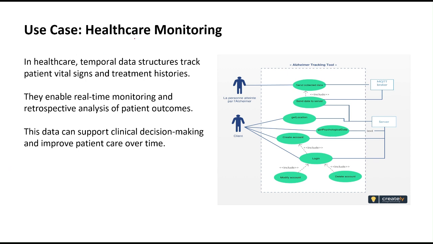Instead, while using the temporal database, if we search the person's information with the id or some other information, we are able to retrieve the previous information, the history of the person, so that we can check what was previously done with the person and how we can support them. So they enable real-time monitoring and retrospective analysis of patient outcomes. This data can support clinical decision making and improve patient care over time.